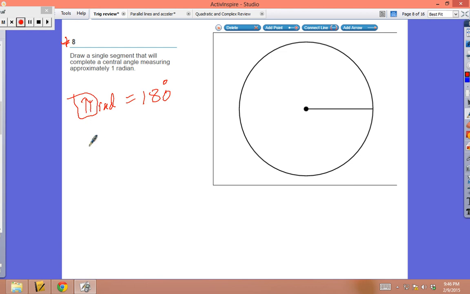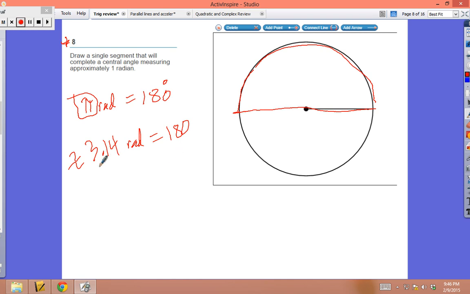So pi is approximately 3.14 radians. So in a half of a unit circle, there are 3.14 radians.